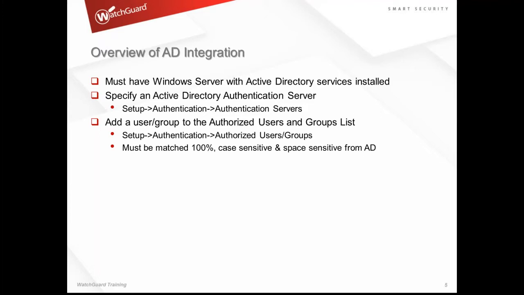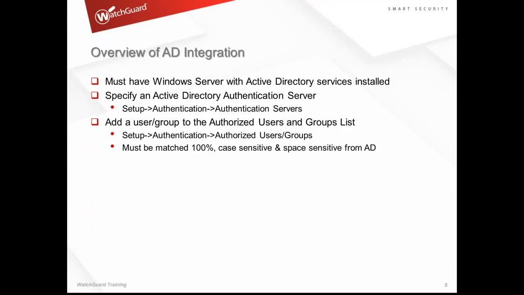I have the locations for that, and feel free, if you come across this presentation at a later date and want these slides, absolutely, I'll send them right over to you, as well as post them on YouTube. To specify an Active Directory authentication server, you just go into Setup, Authentication, Authentication Servers, and all of this will start to make sense as we move into a live environment.